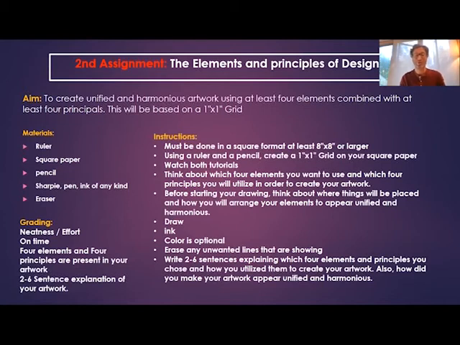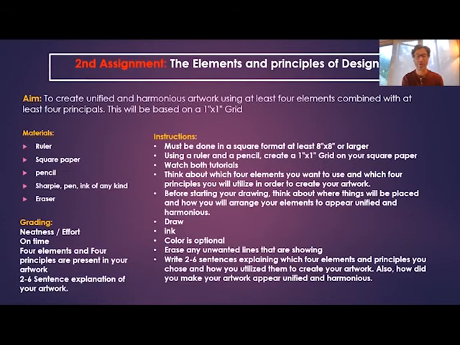Okay, so how you're going to be graded is neatness and effort. It's going to be deadline met. Whether there are 4 elements and 4 principles present, it does need to be obvious. And even if it's not completely obvious, it should be well stated and documented in the accompanying writing.